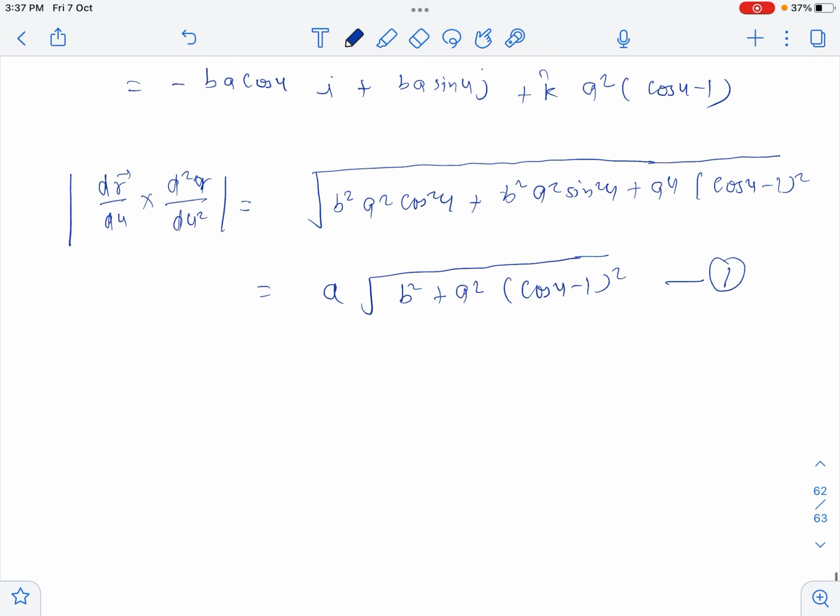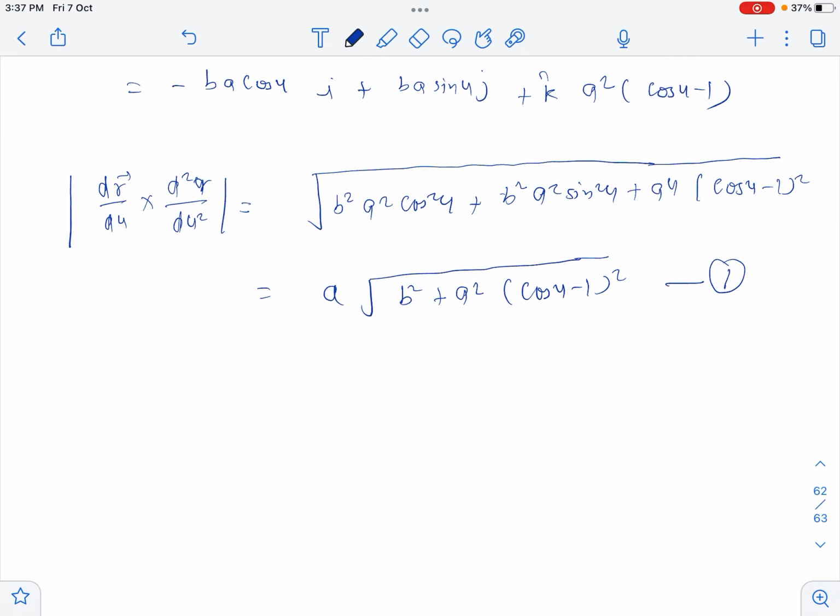This is equation 1, or it further can be simplified as a under root b square plus a square, and this is 4 sin square u by 2. And this is equation 1.